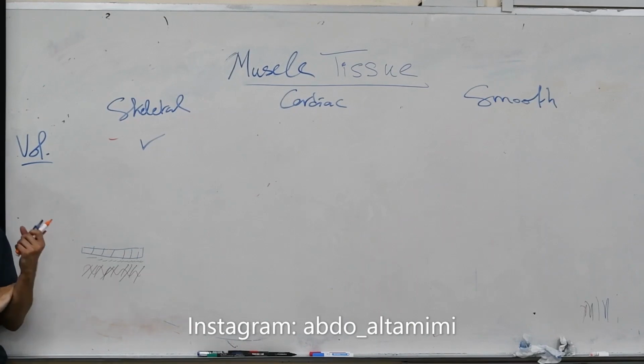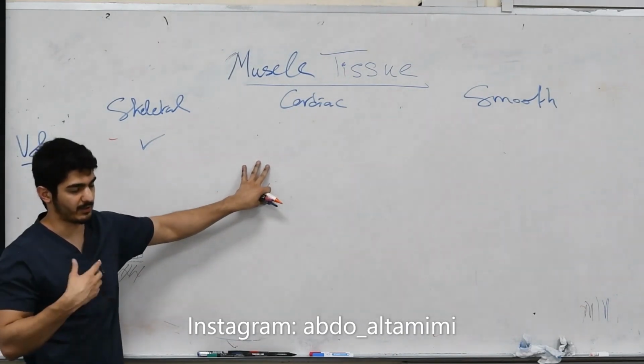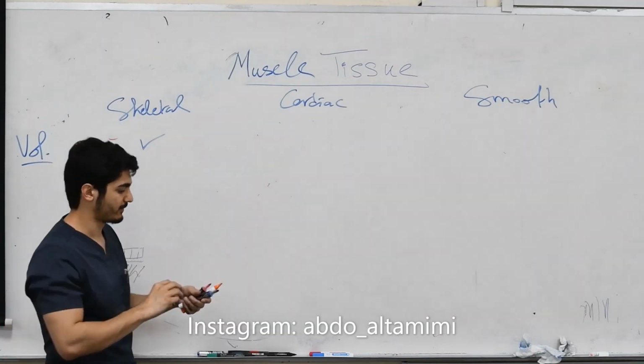For example, I can control when I flex my arm. Facial muscles are attached to skin, but I can still control them: I control if I want to smile or frown. Cardiac muscle, can you control how hard your heart beats per minute? No.